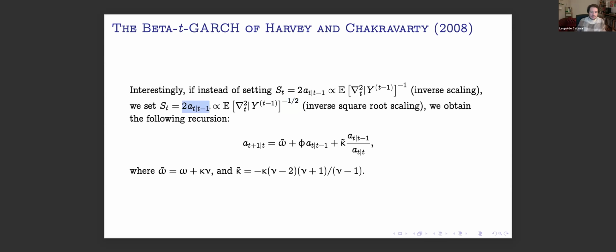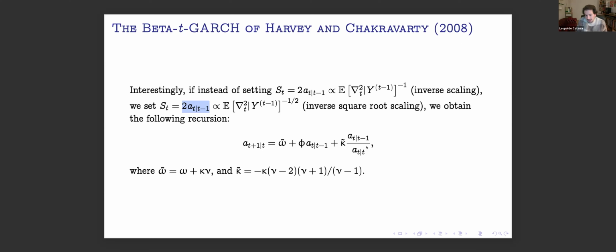Yeah, here there is a typo. Okay, so but if we do this, then instead of obtaining the recursion we obtained before, we obtain this other recursion, which is also very intuitive to me and a bit more intuitive than before.